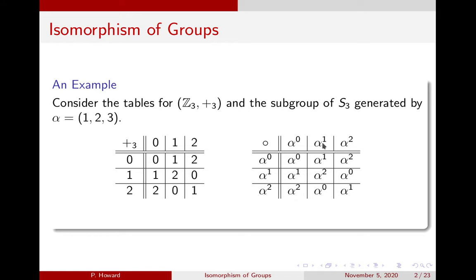Alpha to the first times alpha to the first is alpha to the second, and so on. One thing to notice about these two tables is that they are pretty much identical. If you eliminated the alphas in this table on the right and kept just the exponents, you would have exactly this table on the left. This is an example of two isomorphic groups.